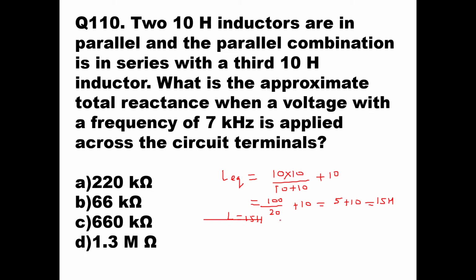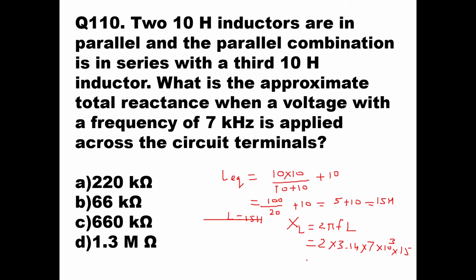Now he has asked you to find the reactance when the voltage of frequency 7 kilohertz is applied. So reactance XL is given as 2 pi FL. Here it is 2 into 3.14 into F, which he has given as 7 kilohertz, so 7 into 10 to the power of 3, and L is 15 henries.